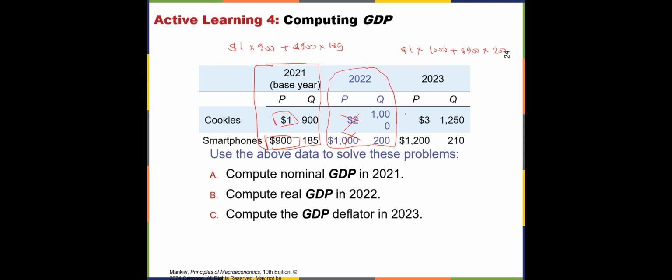This is how we calculate the real GDP in 2022. The GDP deflator in 2023 you can do as an exercise. You will find the nominal GDP in 2023 using 2023 prices and quantities, then calculate real GDP in 2023, and then divide the nominal by the real and multiply the result by 100.